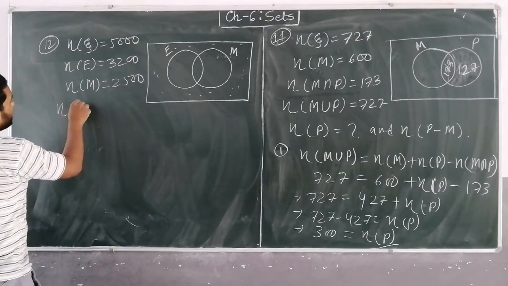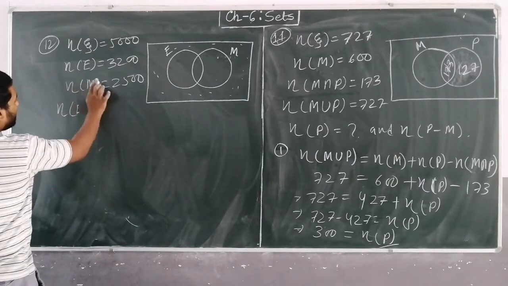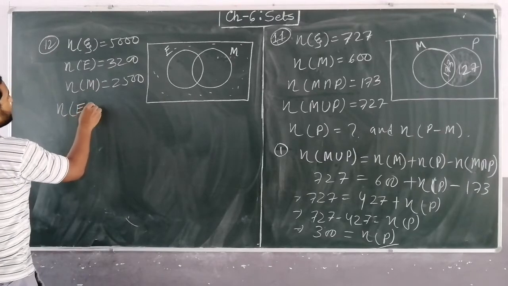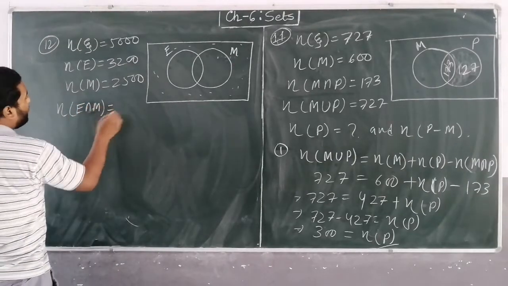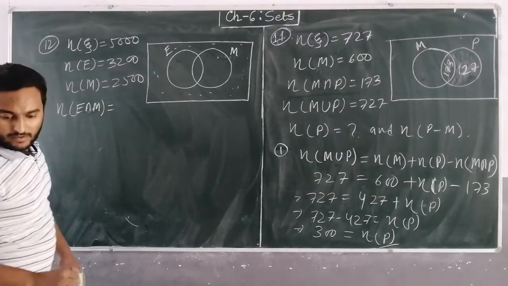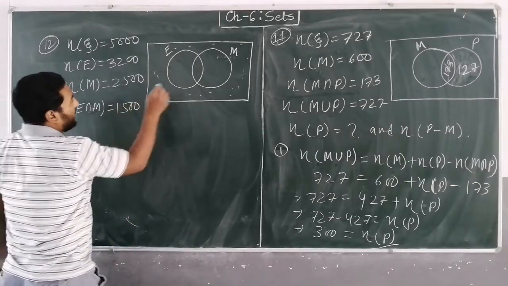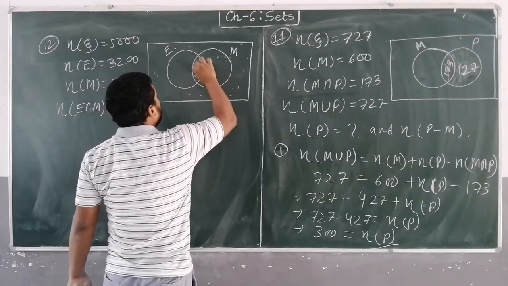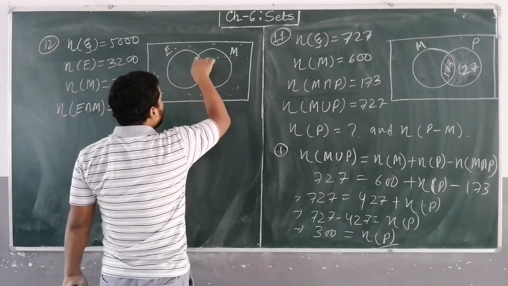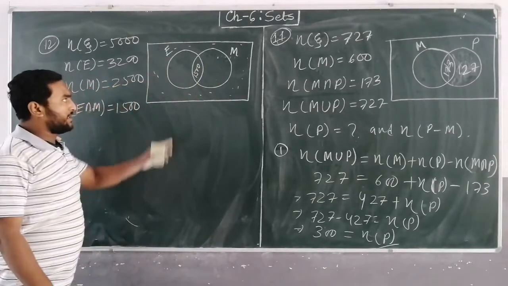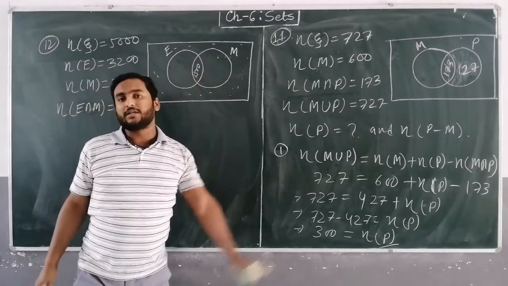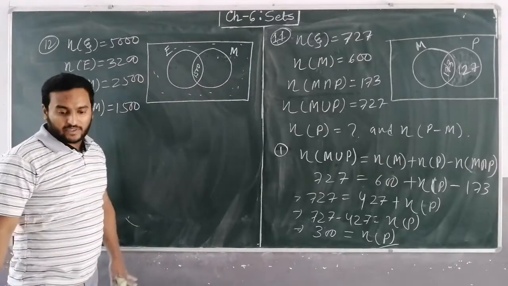Both egg and meat means E intersection M, that is given as 1,500. So this part is 1,500, because it is the number of people who are egg as well as meat eaters. Okay, this is the given data.